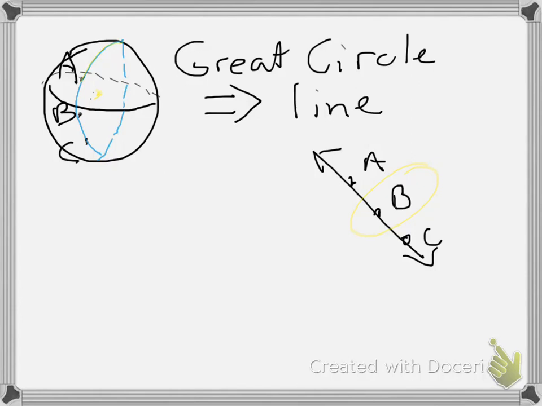let's go back here first. If we look here, if we go in order, it goes A, then B, then C. And so the second point we meet is in between. Or if we go the other way, C, then B, then A, you're back to getting B in the middle, or in between them. So let's go back to our great circle.